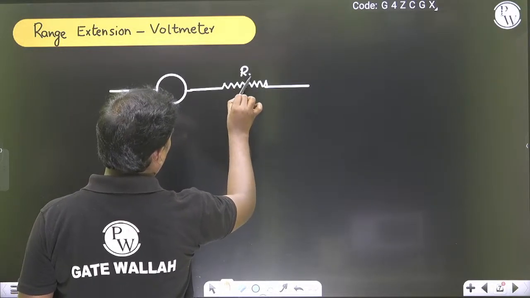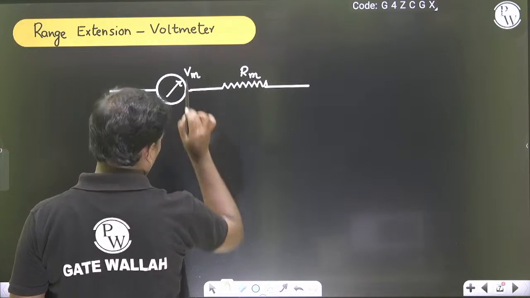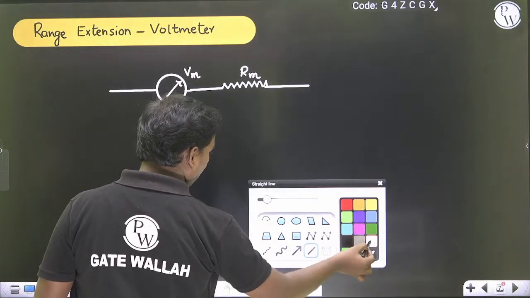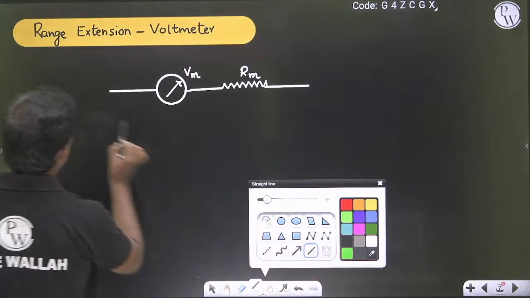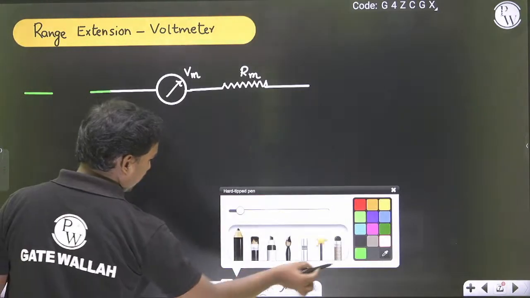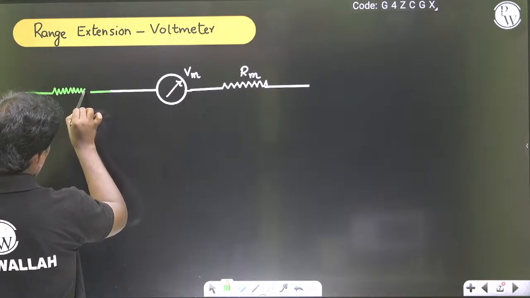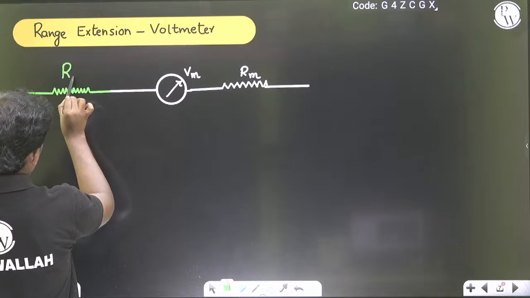The RM, and now if you see this one, this is our RSC, which we call as series resistance.